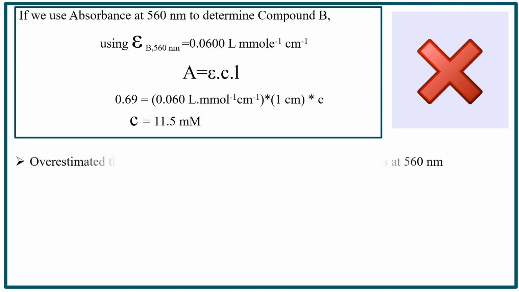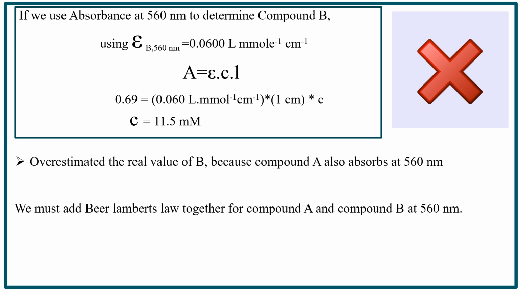We overestimated the real value of B because compound A also absorbs at 560 nanometer. In reality, we must add the Beer-Lambert's law terms together for compound A and compound B at 560 nanometer, like the equation shown below.